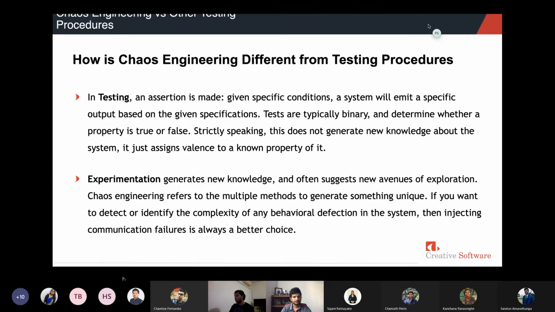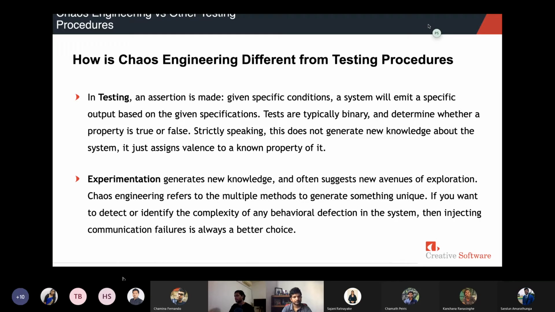So it's basically a true or false scenario, and since you already know the outcome you are expecting, there is no learning in that testing. You already know that it could fail if this happens.